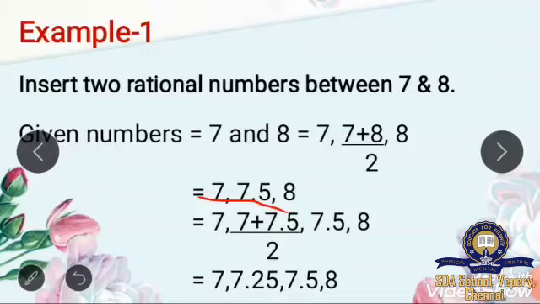So the answer is 7, 7.25, 7.5, 8. So now we find that two rational numbers in between 7 and 8 are 7.25 and 7.5.